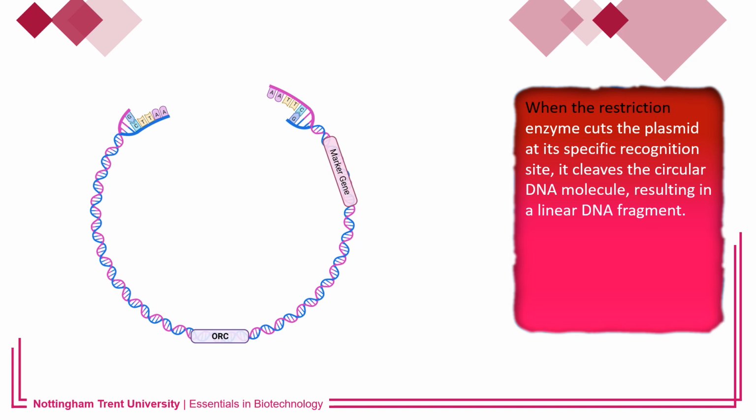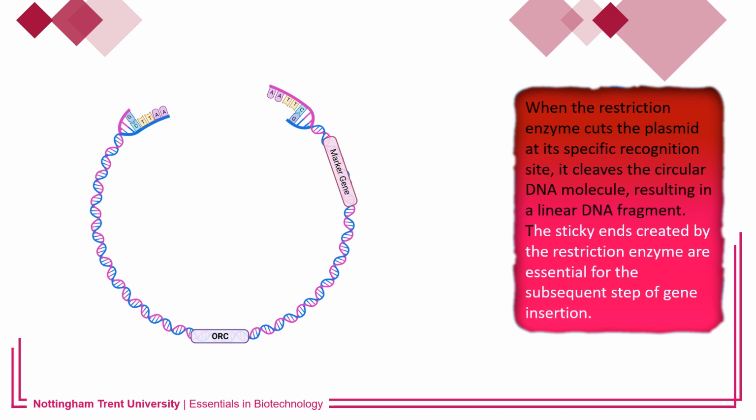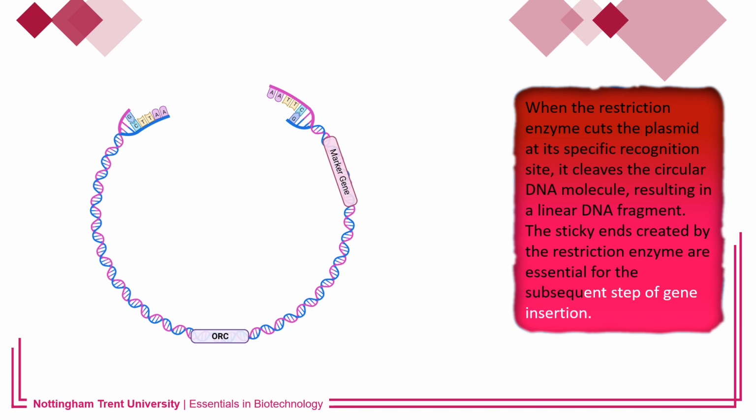When the restriction enzyme cuts the plasmid at its specific recognition site, it cleaves the circular DNA molecule, resulting in a linear DNA fragment. The sticky ends created by the restriction enzyme are essential for the subsequent step of gene insertion.